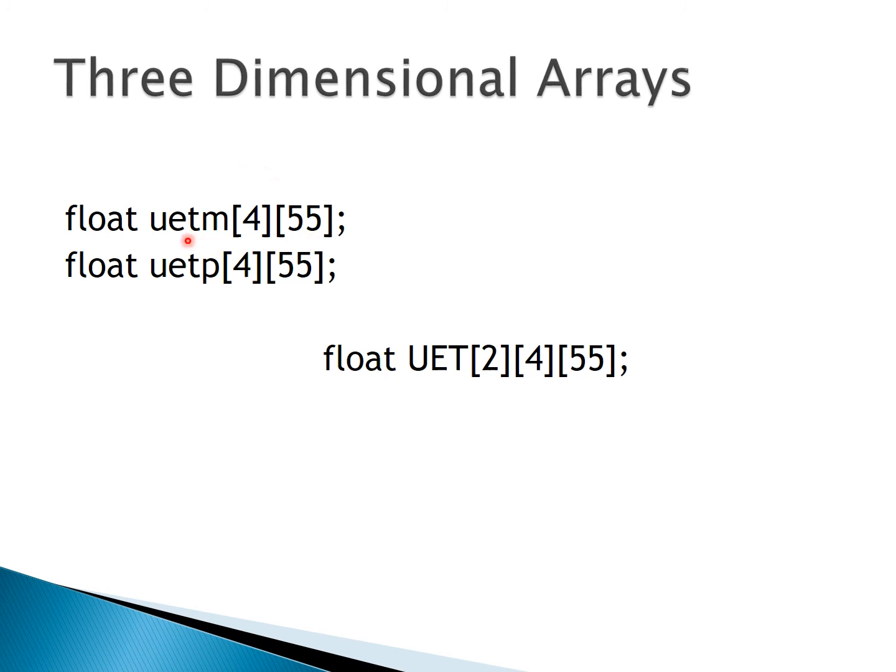So instead of having separate two-dimensional arrays, we can have one three-dimensional array. So this is the number of two-dimensional arrays, number of arrays, and number of elements. In other words, in this three-dimensional array, we have two-dimensional arrays, and in each dimension we have 55 elements. So that's how we declare three-dimensional arrays.